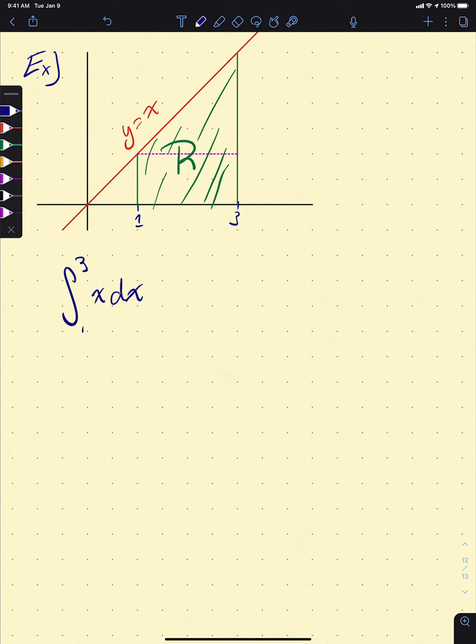What's our antiderivative going to look like? Well, the antiderivative of x is going to be 1/2 x squared plus c, and this needs to be evaluated from 1 to 3, right?